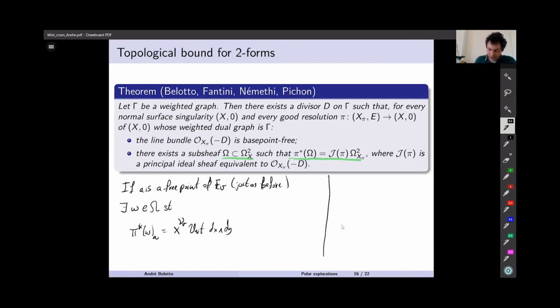And where this mu_v here is actually going to be defined as the order along v of the pullback of this omega.